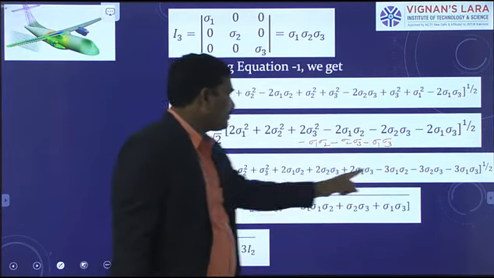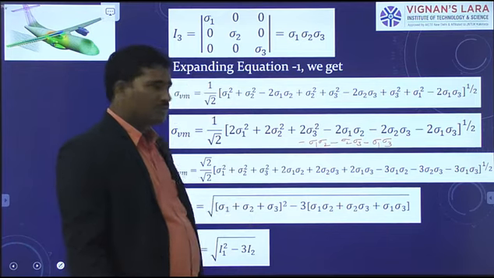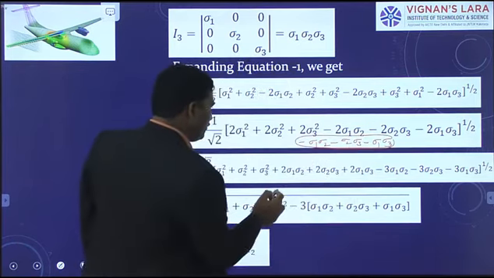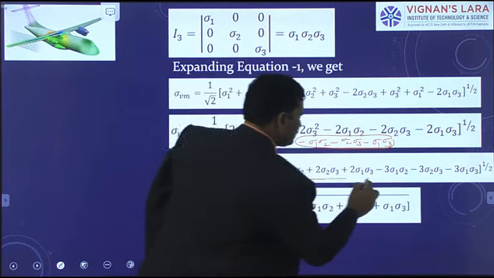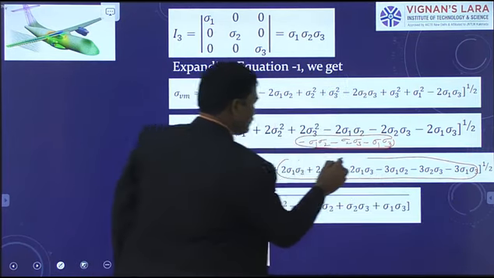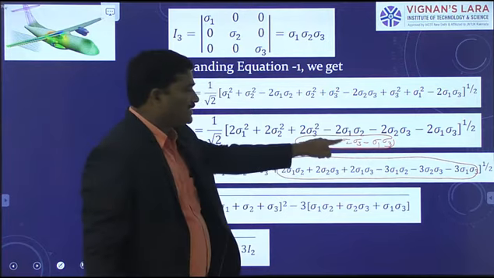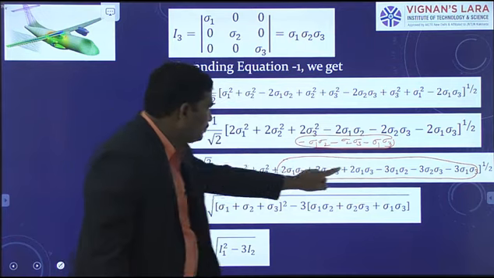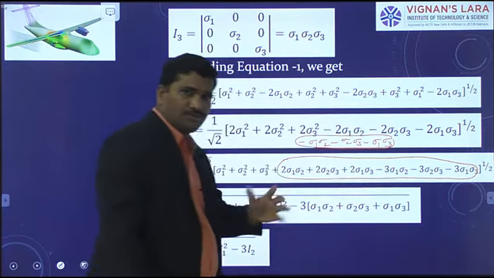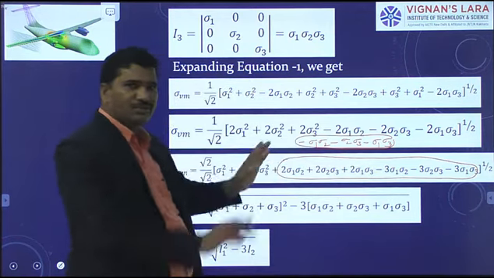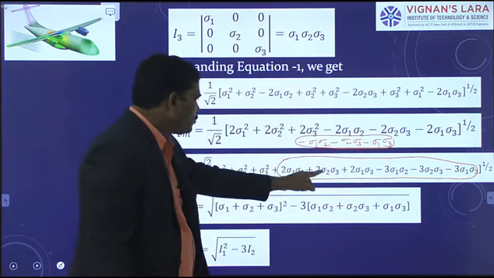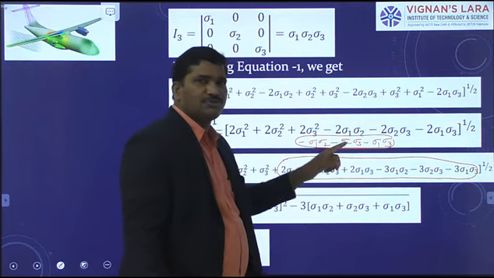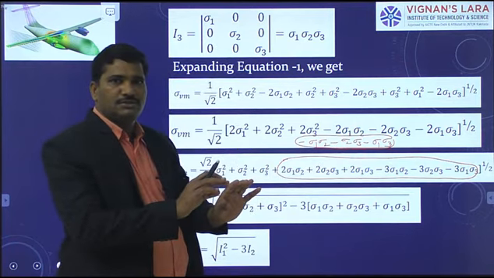But here it is not appearing like this. In place of this, what we have in this expression replaces this. Let us see. 2 sigma 1 sigma 2 minus 3 sigma 1 sigma 2: how much do you get? Minus sigma 1 sigma 2, so there is no change. Plus 2 sigma 2 sigma 3 minus 3 sigma 2 sigma 3, you get minus sigma 2 sigma 3.